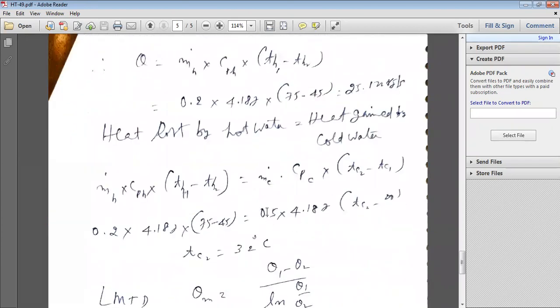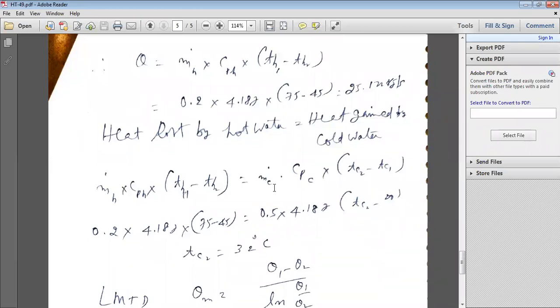So 0.5 into the specific heat of water, whether hot water or cold water, that is the same, 4.187 kilojoules per kg Kelvin. This is in kilojoules, this is also in kilojoules. Don't worry, both left hand side as well as right hand side, units are the same. If one is in kilojoules and the other is in joules, then you have to convert all the units.